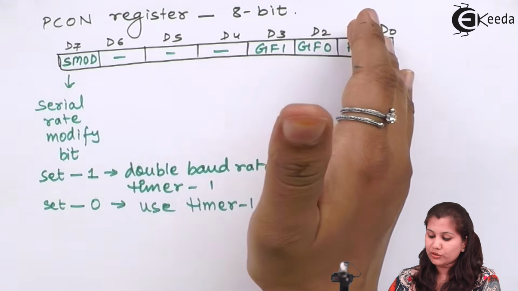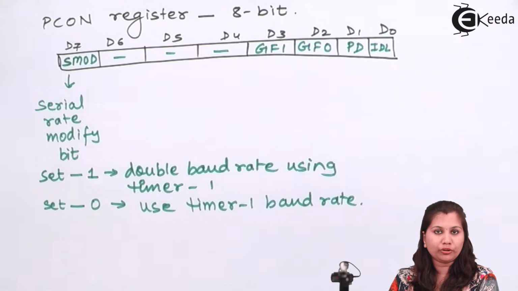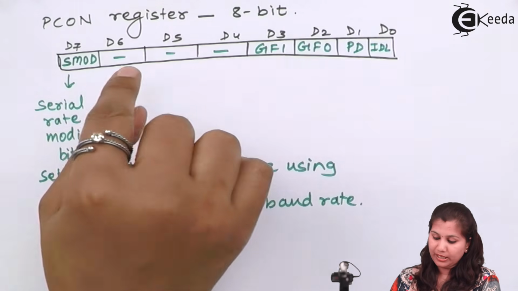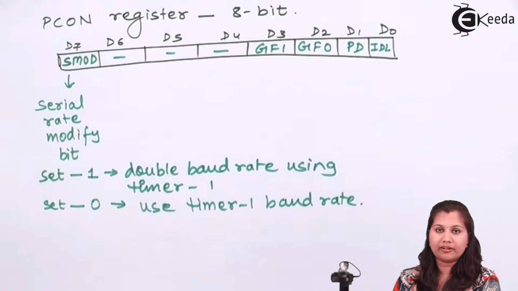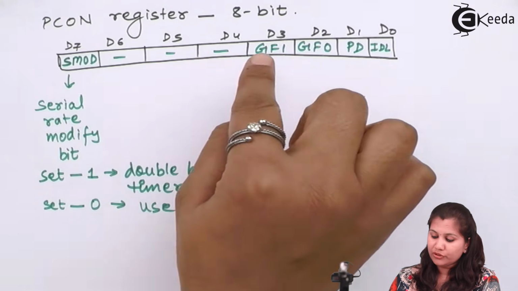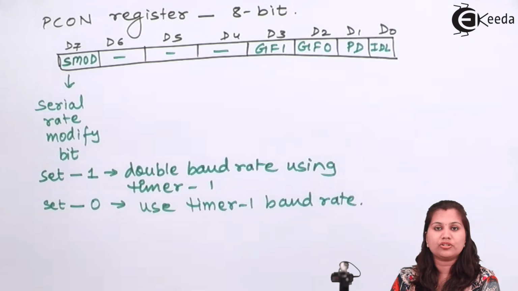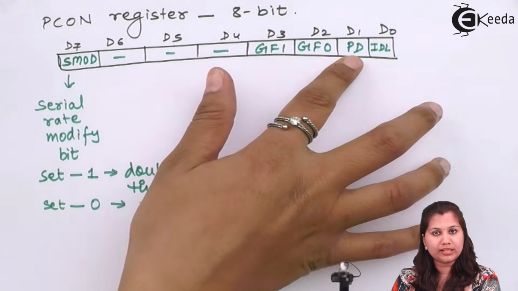The rest of the bits of this PCON register are not used in serial communication. D6, D5, D4 are reserved for future use. GF1 and GF0 are the general purpose flags 0 and 1. PD is the power down bit, meaning if we want to reduce the power supply to the microcontroller, we can use this bit.